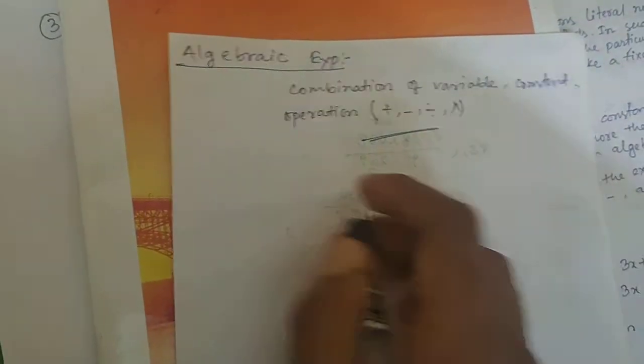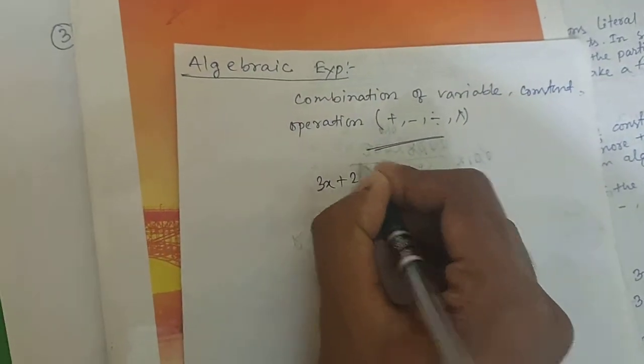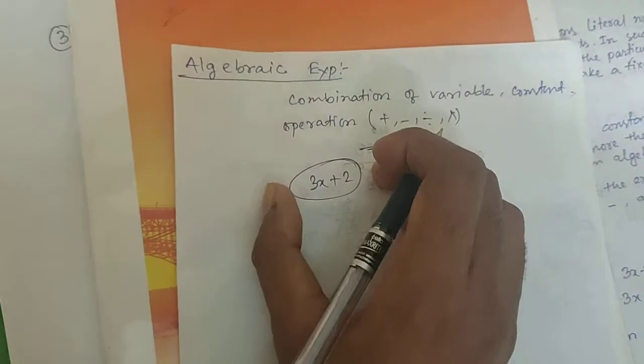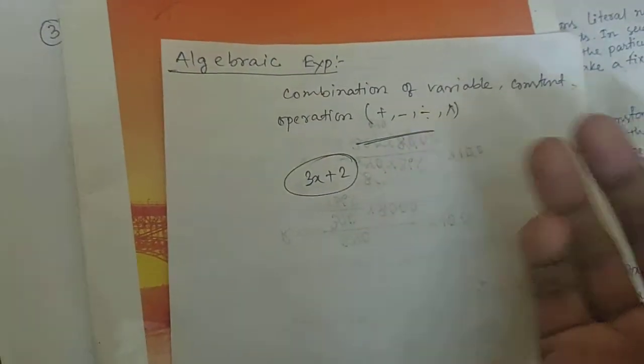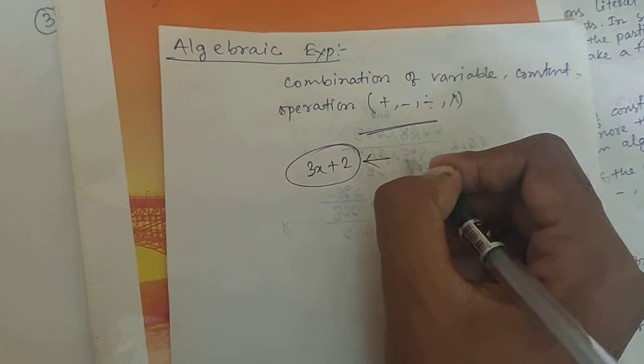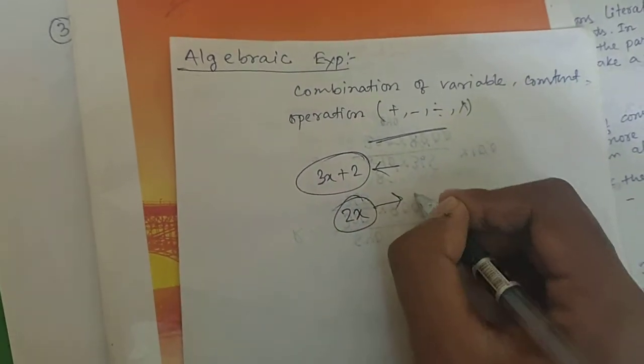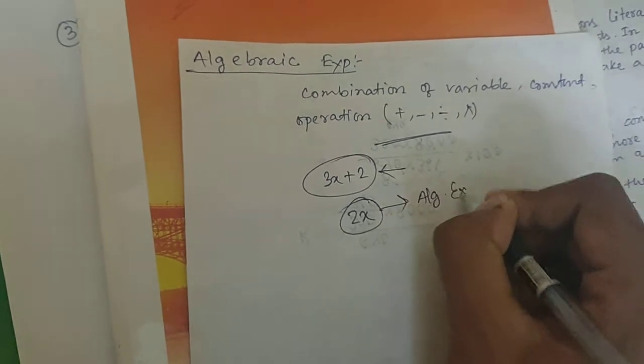The combination of these things is called algebraic expression. That means 3x plus 2. Here, this is the formation which is made by variable, constant and operations. This is called algebraic expression. Suppose 2x. Here it is also an algebraic expression.